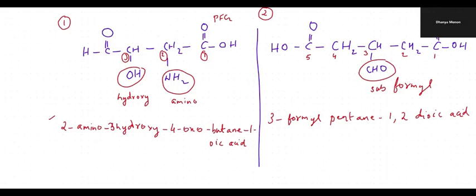Okay, so our alternative name here can be what? At the second position, rest is the same, I mean the rest of the substituents. Second position, I have amino. At the third position, I have hydroxy.